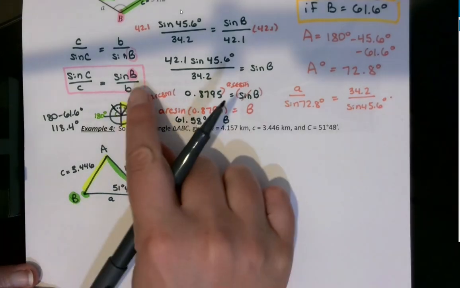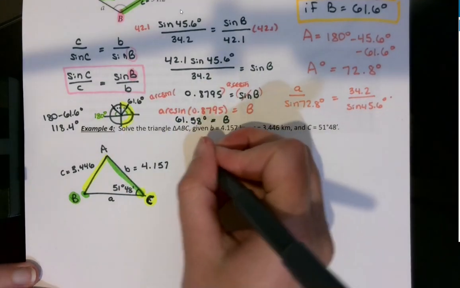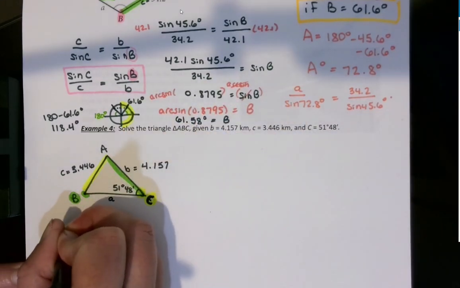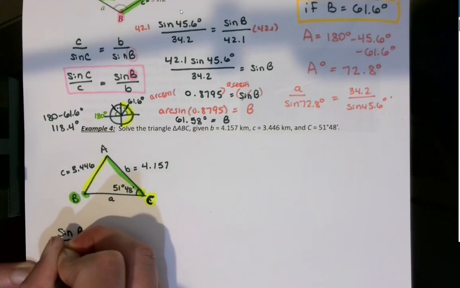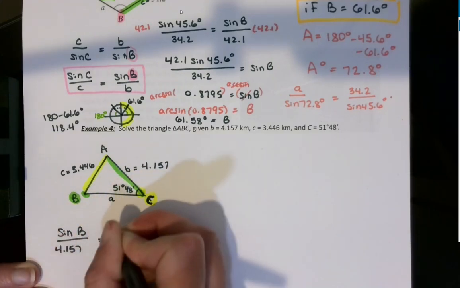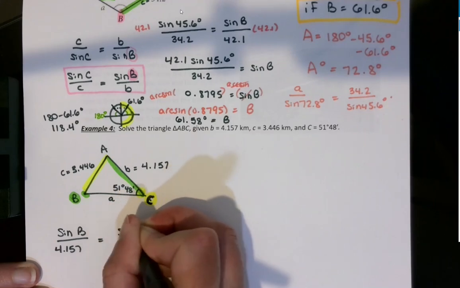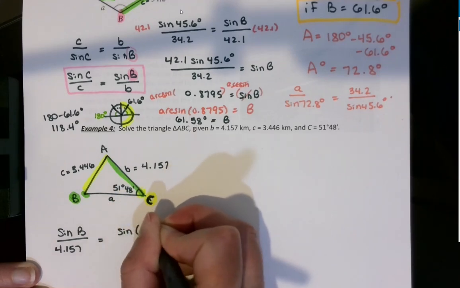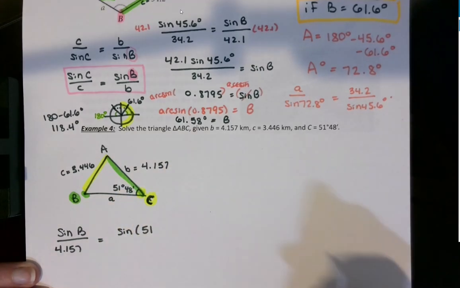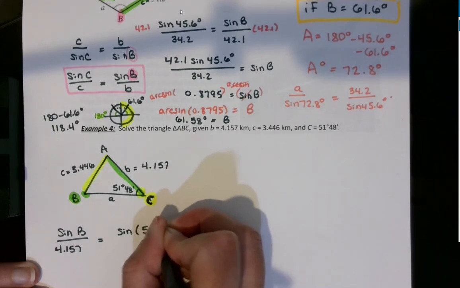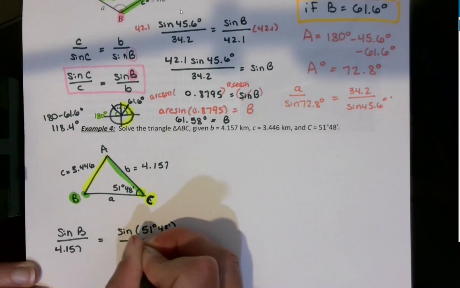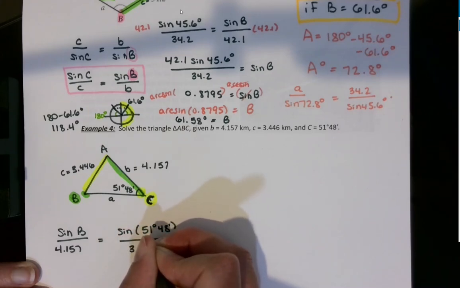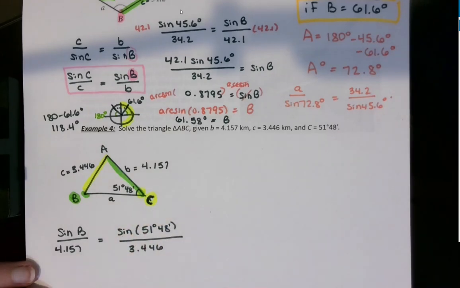Since we're finding an angle, we're going to start with the sines on top. So let's start with sine of B over side B, which is 4.157, equals the sine of angle C, which is 51 degrees, 48 minutes, over side C, which is 3.446, and we'll multiply our denominator over.